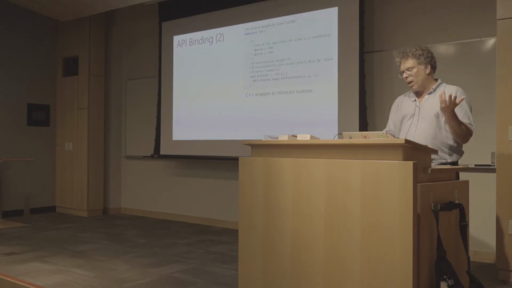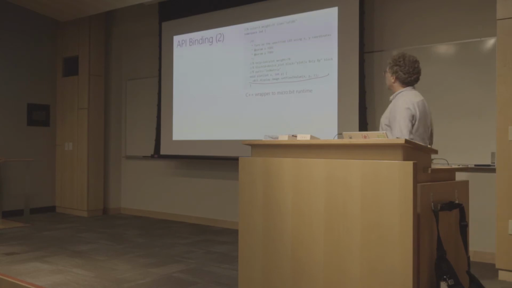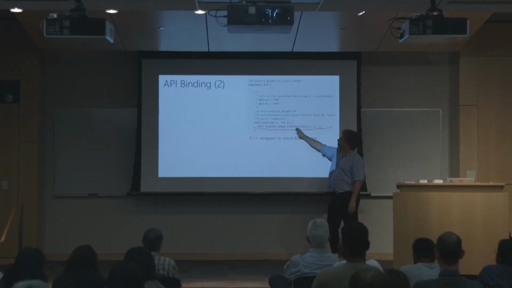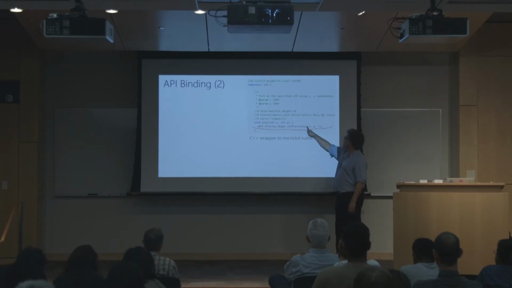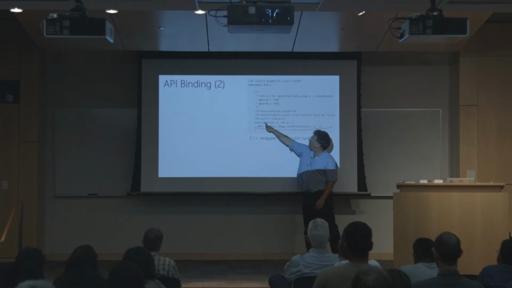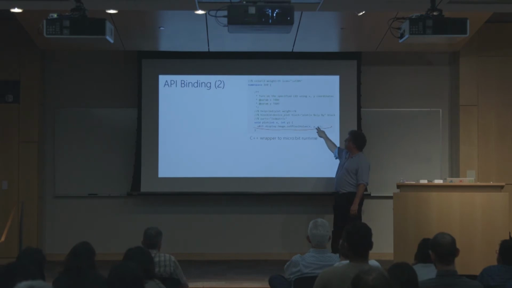Here's a more complicated example where our great folks at Lancaster University, they love components. They have a component for the microbit and the display and an image. You set the pixel value, and it can have a brightness too. And we just want to plot on a coordinate system, right? So we write a C++ wrapper around this stuff that's in the runtime, and then we expose that.